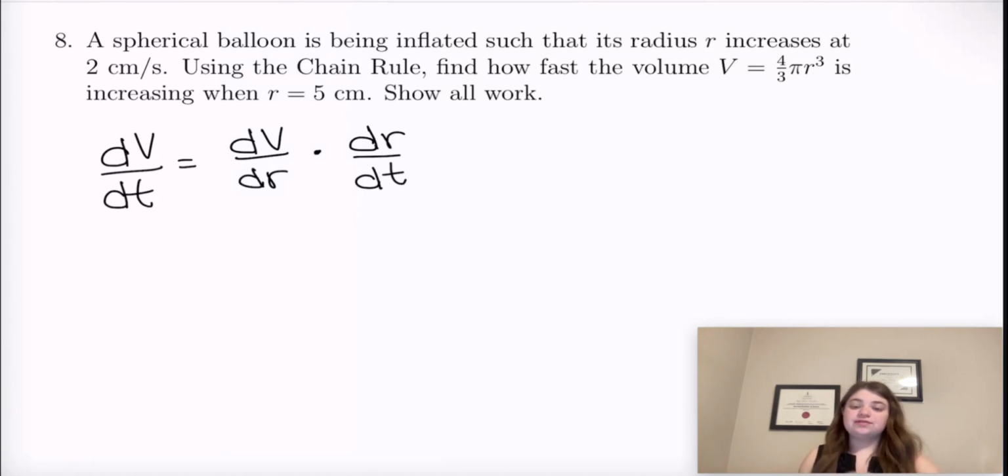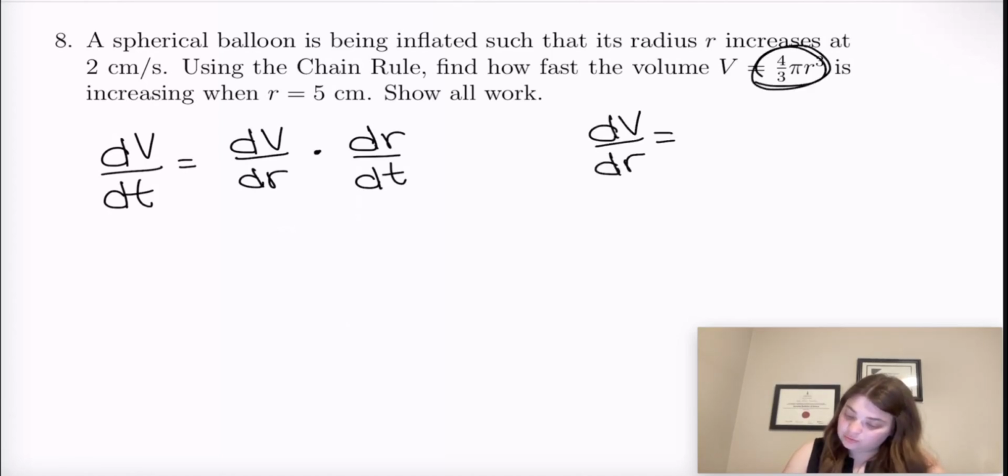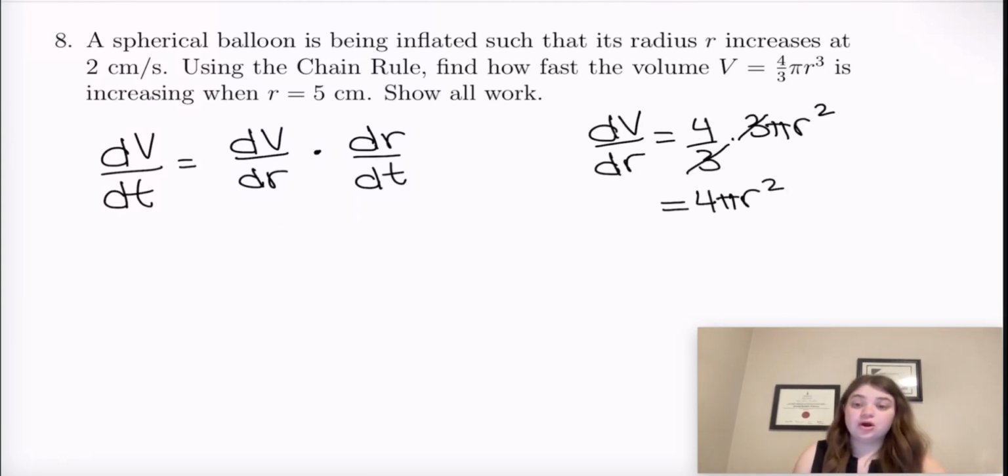So let's find out what both those things are. What is dv over dr? If we look at this equation here, that would be 4 over 3 times 3 pi r squared, which then we cancel those out. We get 4 pi r squared.